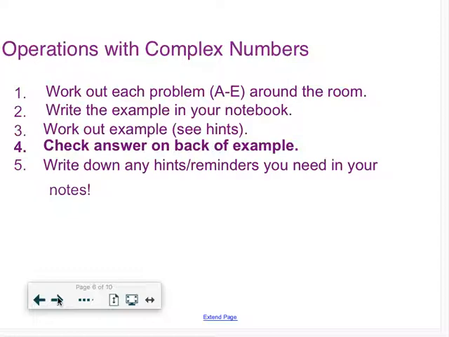You might want to get out of your seat if you can't see to write them down. If your group doesn't know what to do, there are a couple hints at the top of each paper. And then the answers are on the back. So after you do one, flip it up, check your answer. Do as many as you can in the next 7 minutes.